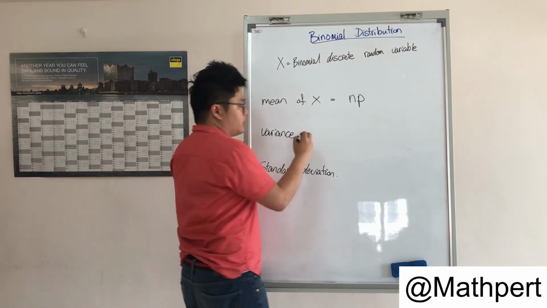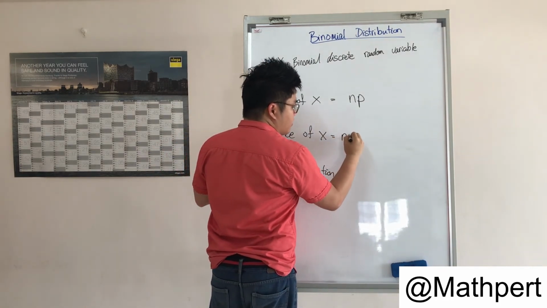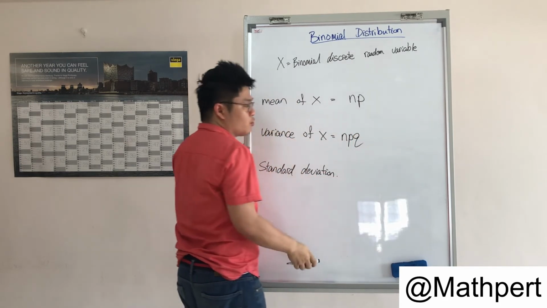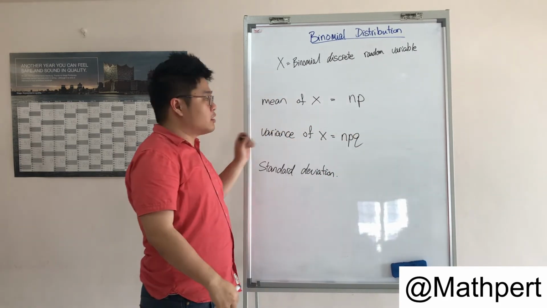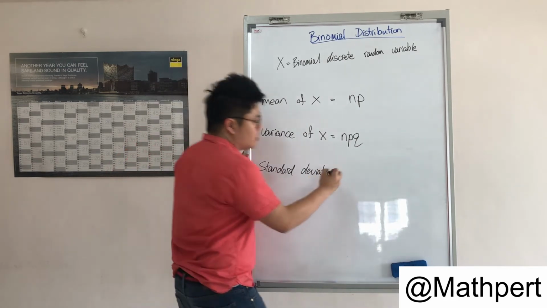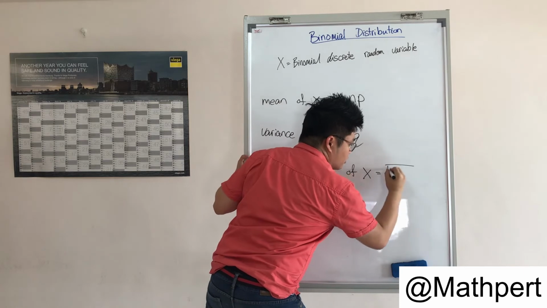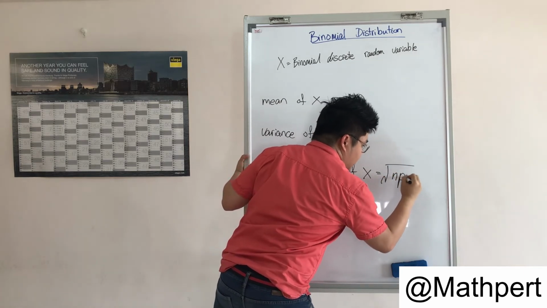The variance of X is npq, where q is the probability of failure. The standard deviation of X is the square root of npq.